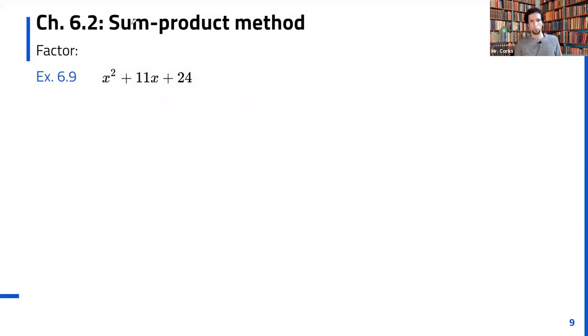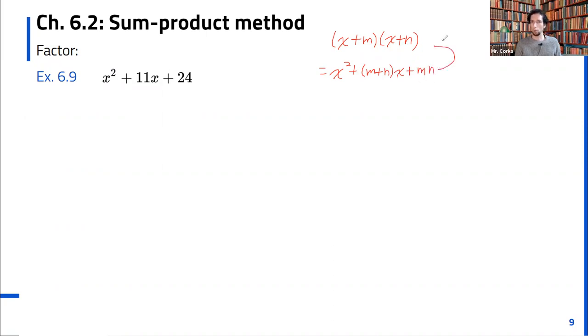Okay, so we can use that pattern we just noticed going from the binomial, the x plus m, x plus n form, and then getting from that to the x squared plus m plus n x plus mn form. But now we're just going to use this connection to work in the other direction.